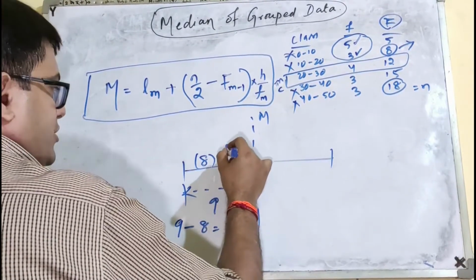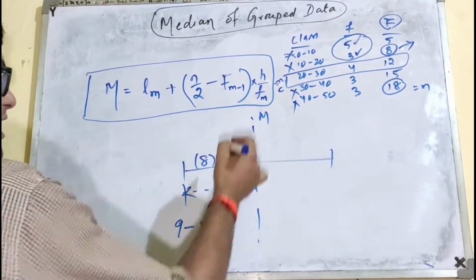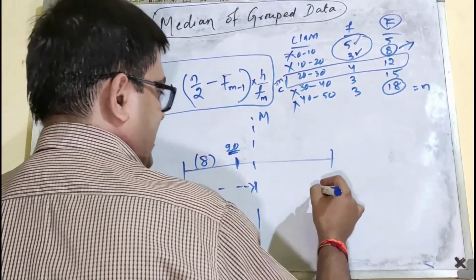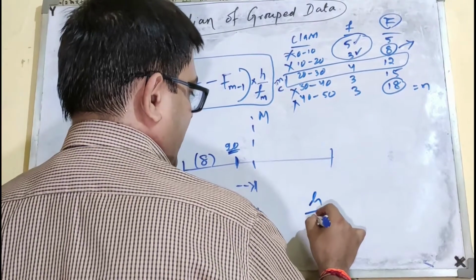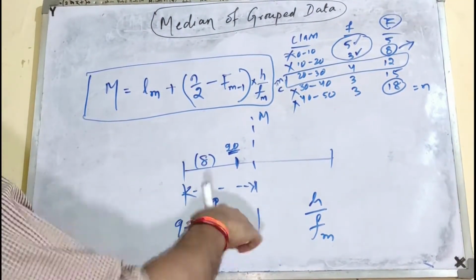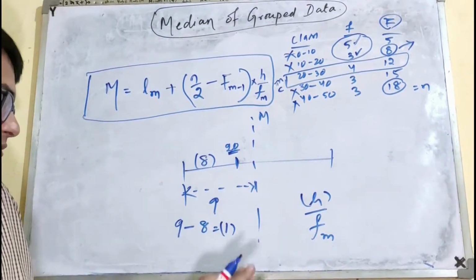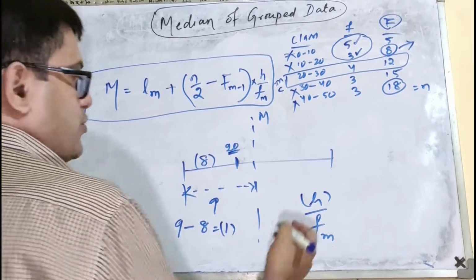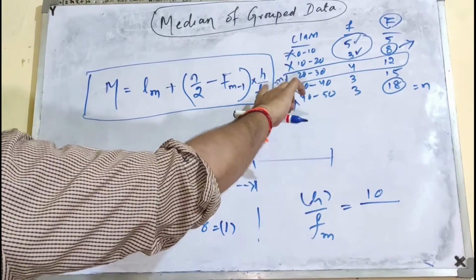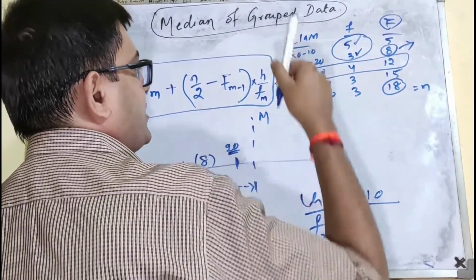So that means from the mark of 20, you just have to cross one space, and you will reach the median mark. But that particular space is going to be h by the frequency of the median class, because those many data points exist within the class interval, and we have assumed that they are equally spaced. So what is h? H is 10, the class size, from 20 to 30, and the frequency of the median class is 4.